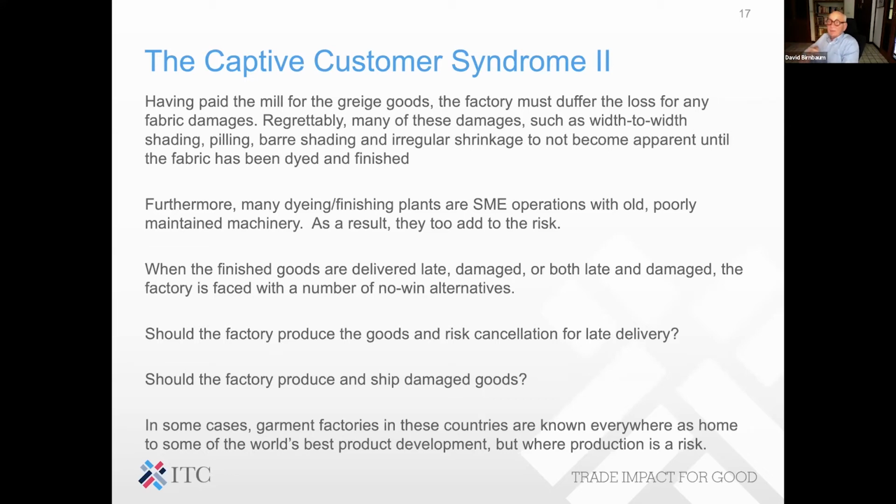Even if they wanted to replace the fabric and take the loss, they'll be late on delivery. So should the factory produce the goods and risk cancellation for late delivery, or should the factory produce the goods and ship damaged goods? You have countries which have great garment industry, which are being harmed because of the captive customer syndrome.